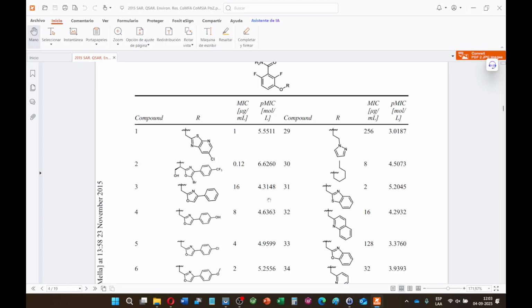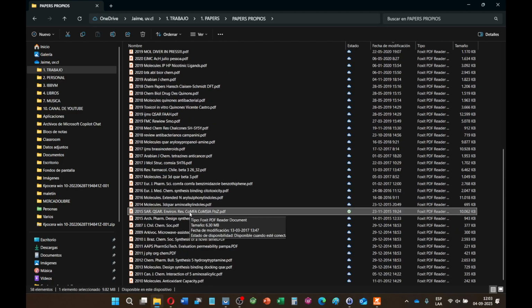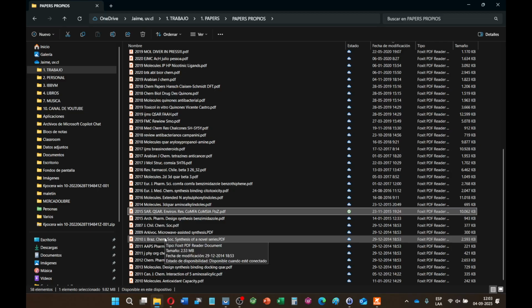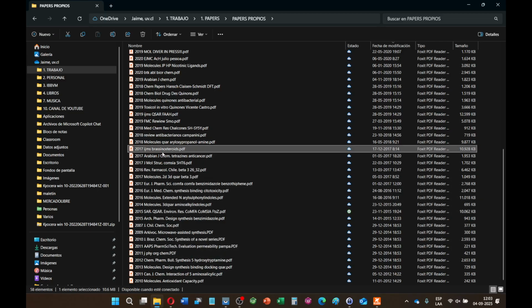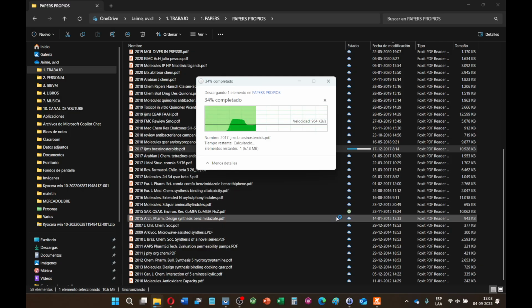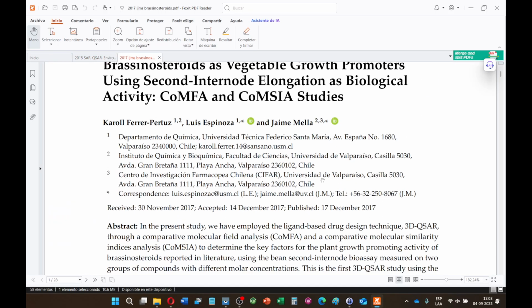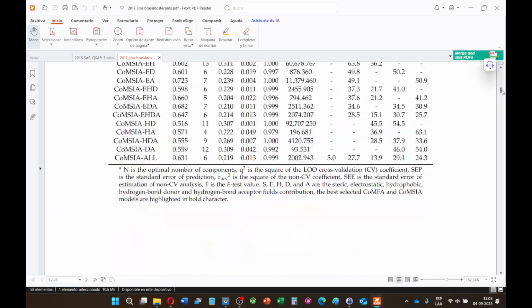And then here, seeing this value, you say the highest is the most powerful. What happens if one has another, rarer variable, such as a plant that grows? You see that this is not only applied in medicinal chemistry, but can be applied in an infinity of things.